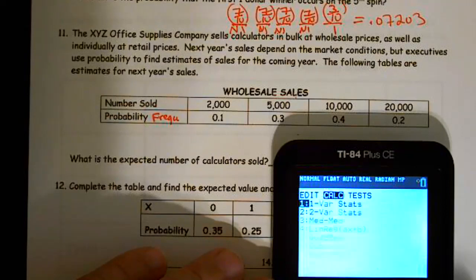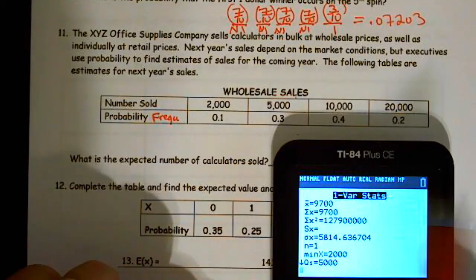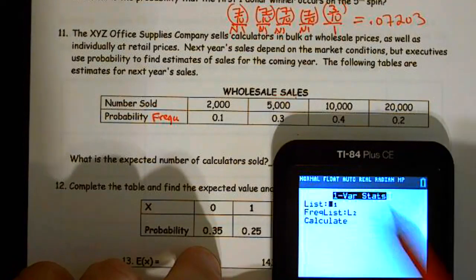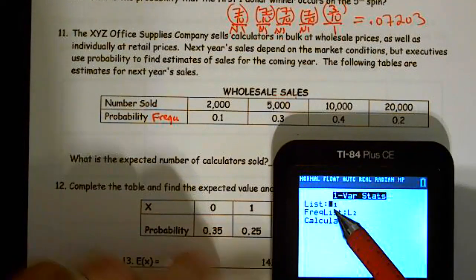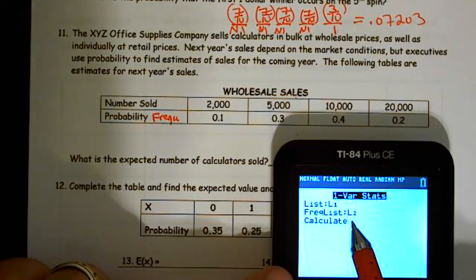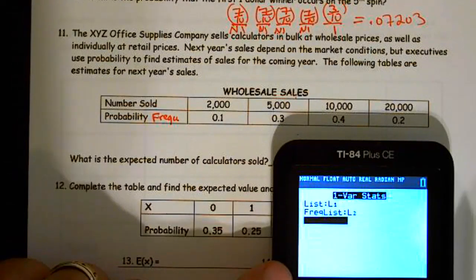So stat calc, one variable stat. And I end up getting X is 9,700. Well, you know what? I should be careful. My X list is L1 because that's the number sold. And then my frequency is always my probability. So your frequency list will always be the probability. So that's L2.